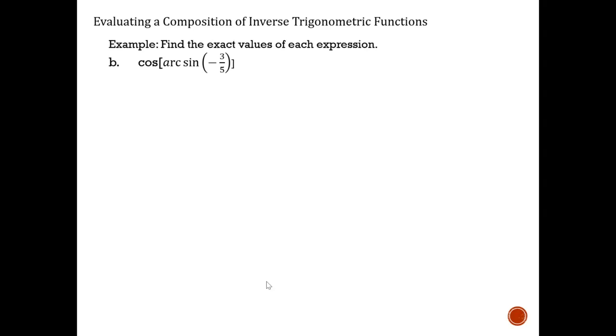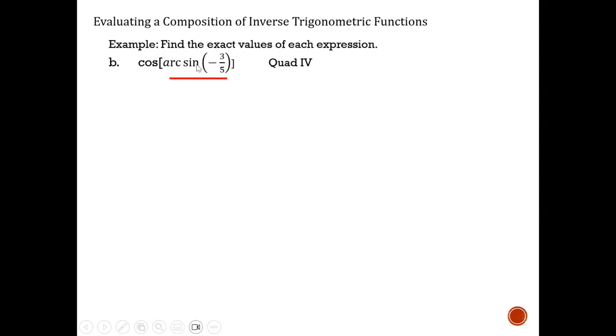It says here, find the exact values of each expression. So again, from the inside, guys, we're going to form our triangle from the arcsine of negative 3/5. But the first thing we got to know is what's the quadrant. Okay, the quadrant is going to be 4. Why 4?